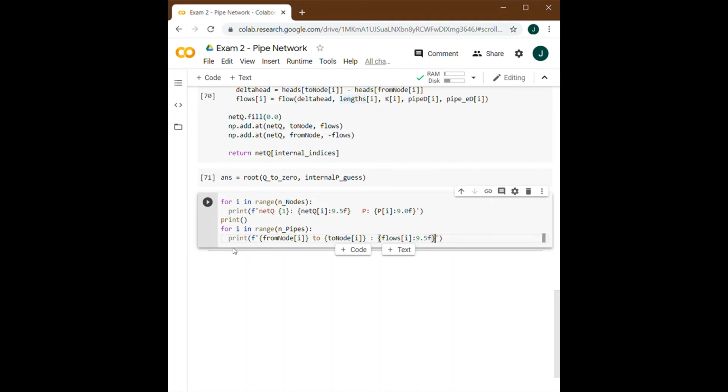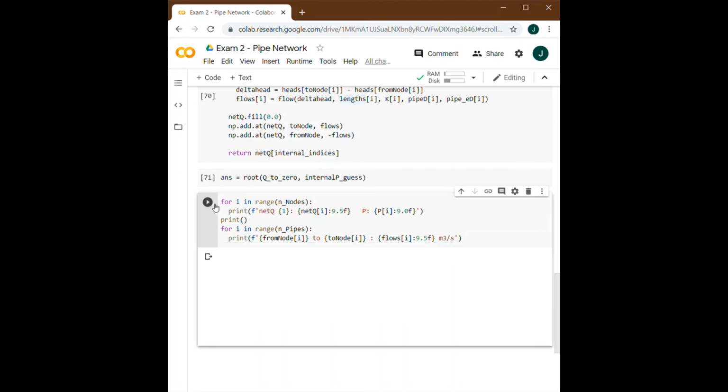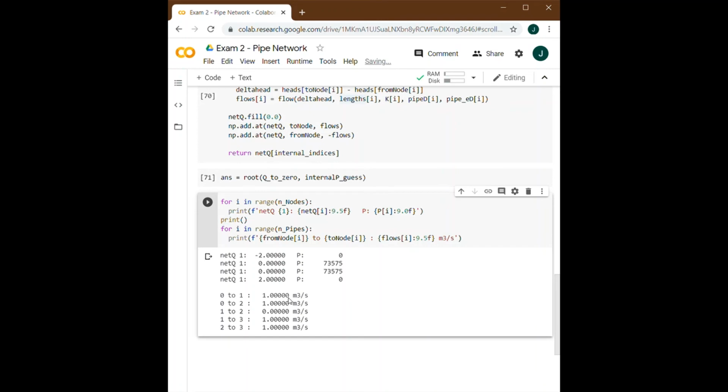Close the curly brackets. And we're going to specify the units, so we have meters cubed per second. And fingers crossed, we get this answer.